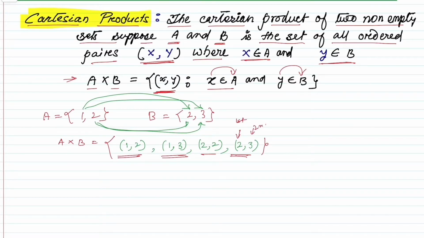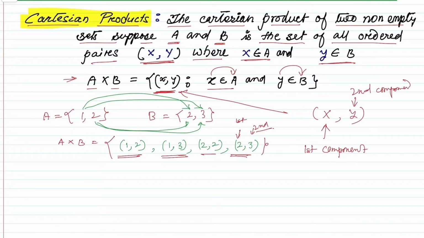Take the ordered pair x comma y: x is the first component and y is the second component. Here 1 is the first component, 2 is the second; 1 is the first, 3 is the second component; 2 is the first component, and the second component is also 2. Hope you have understood what a Cartesian product is and how to find it.